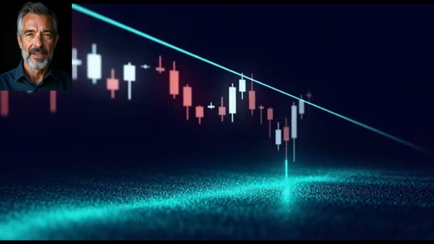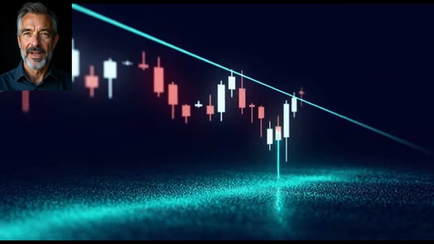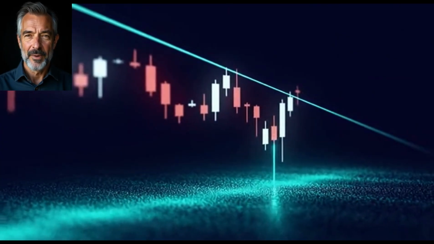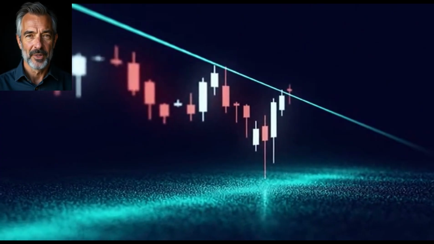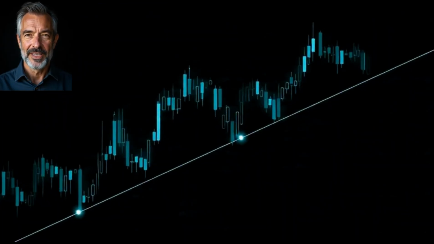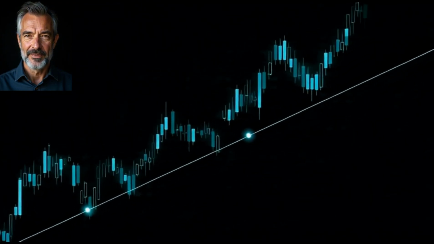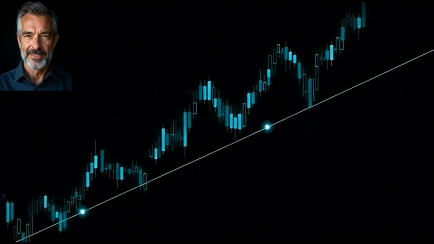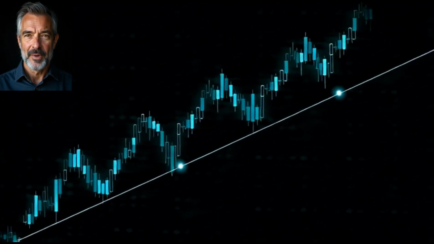Trendlines work when you follow the rules. Not when you force trades, not when you draw lines based on bias, and not when you skip confirmation. The market respects structure more than most traders think. When you trade clean touches, clean breaks, clean retests, and clean confirmations, the edge appears, not because of indicators, but because structure reflects real order flow.